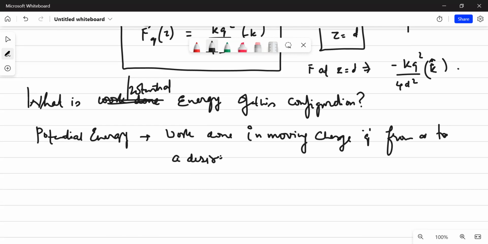And what is that desired point? That is the point where the potential or potential energy is sought. We want to find the potential energy at that desired point. If it is potential, then obviously there should be unit charge. And if I'm saying potential energy is the work done in moving a charge q from infinity to a desired point where potential energy is required.